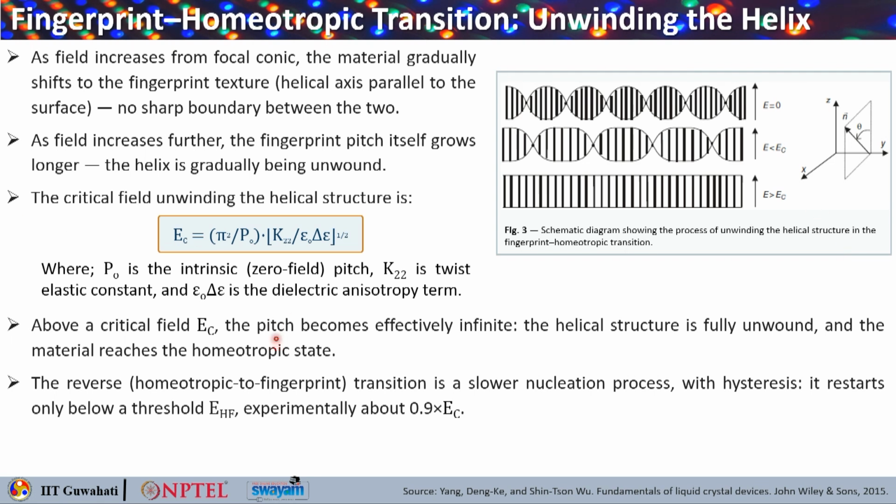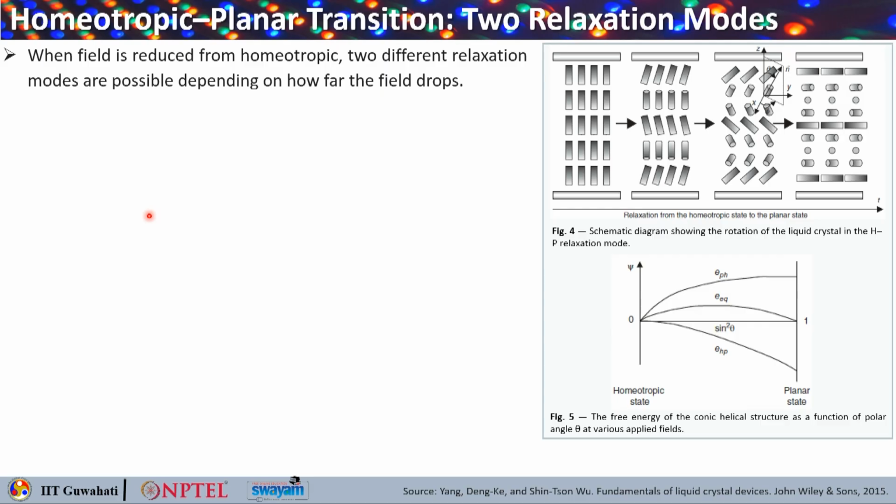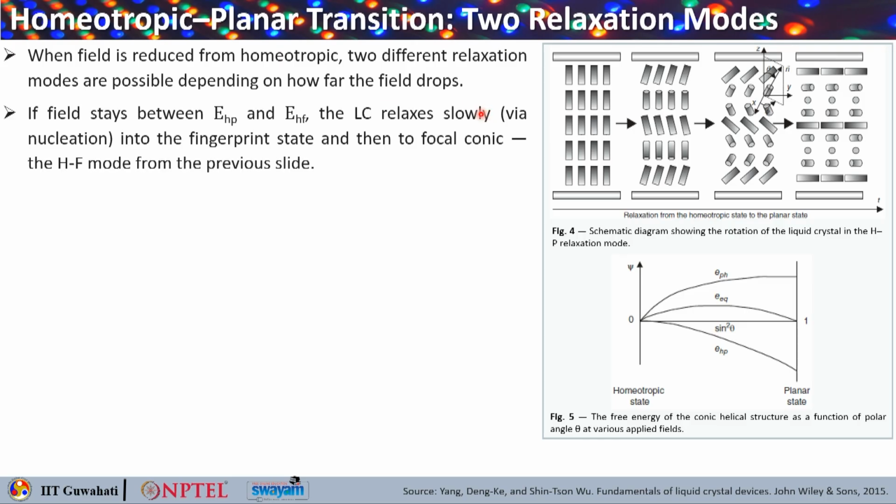So here we will discuss the homeotropic to planar transition and the two relaxation modes which are there. When the field is reduced from homeotropic, two different relaxation modes are possible depending on how the field is dropping. This is the relaxation from the homeotropic state to the planar state, this is the timeline.